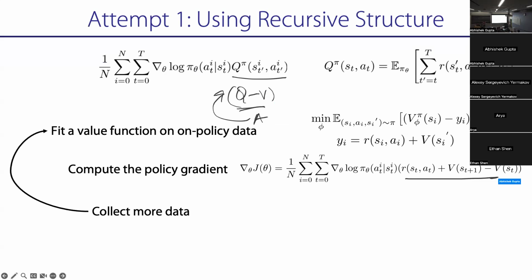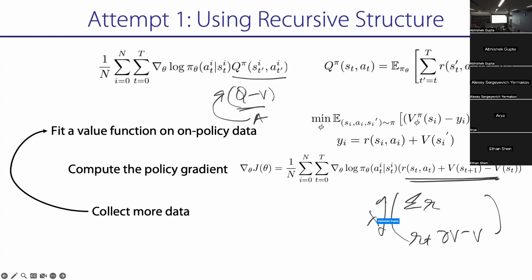In this bootstrapping update, you use R plus gamma V minus V. Then the generalized advantage estimator uses a geometric sum to replace this term, the thing that multiplies your log probability. Does that make sense?